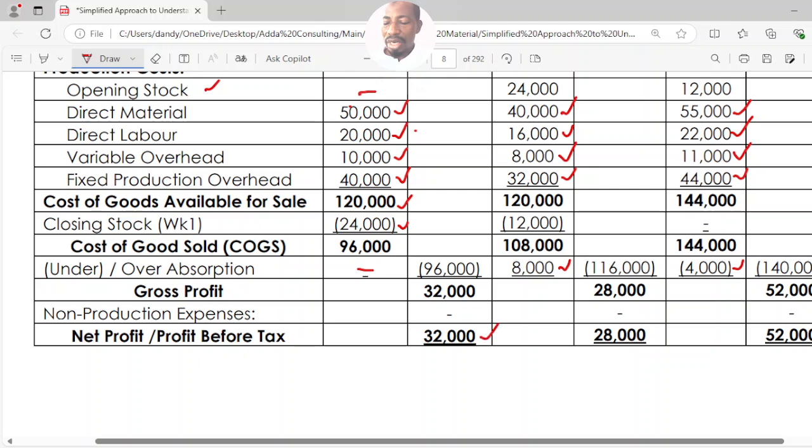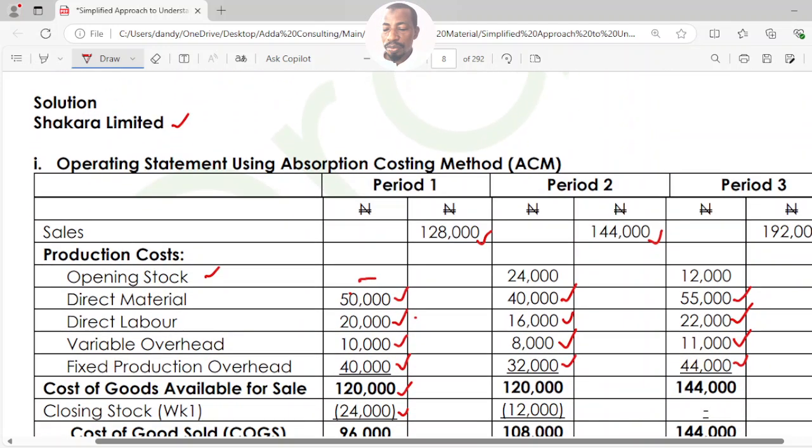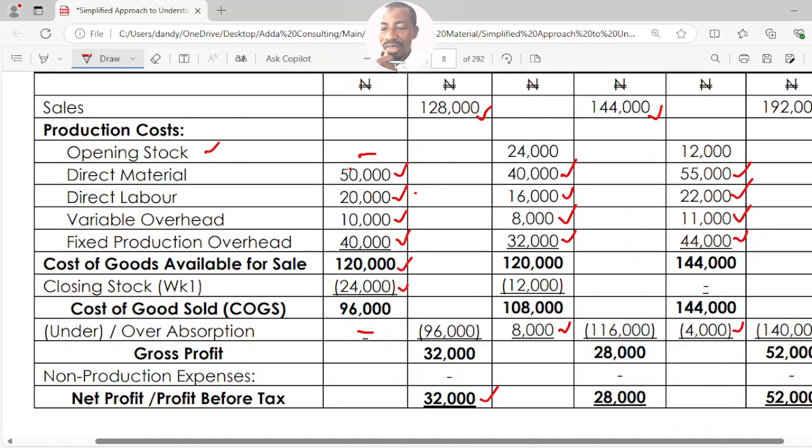So that's 32,000. I will then move to period two. I've already determined the sales value for period two, but I've not determined the opening stock. Therefore, the closing stock of period one of 24,000 will become opening stock in period two. That's why you are seeing this 24,000 here.